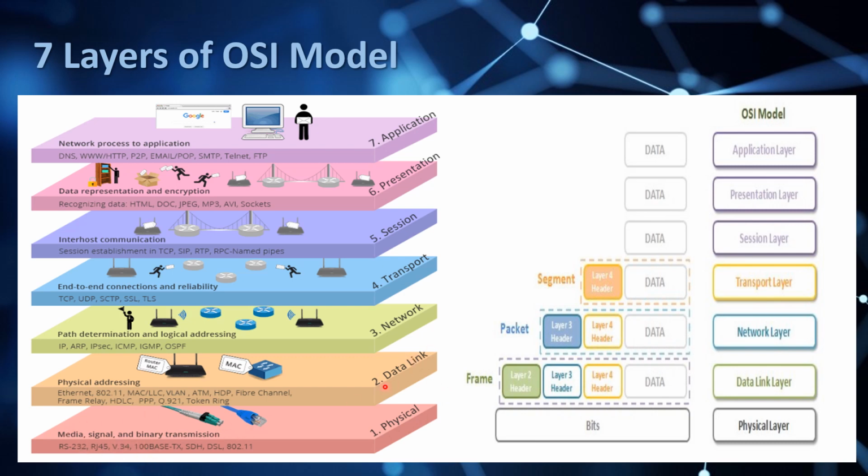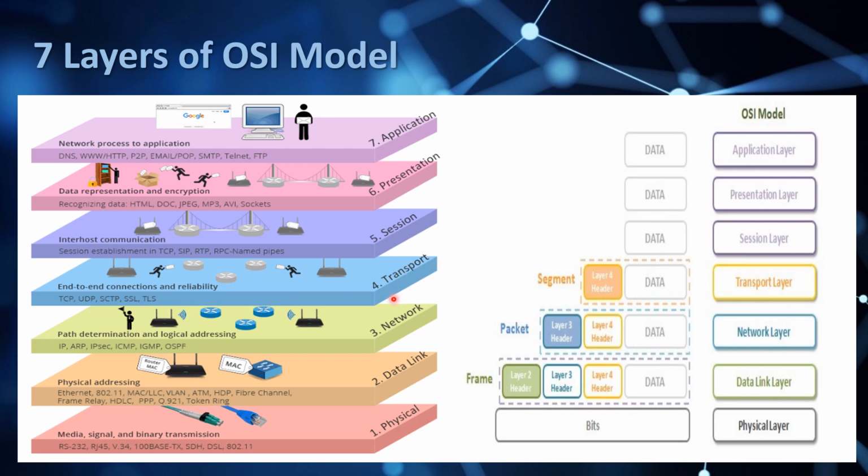In the data link layer, the main responsibility is physical addressing, and we can use the protocols HDLC, PPP, token ring, ATM, Ethernet. In the network layer, we use the IP address. The main responsibilities of the network layer are path determination and logical addressing. For logical addressing, we use the IP protocol, and also we can use ICMP, IGMP, OSPF, BGP, EIGRP protocols.